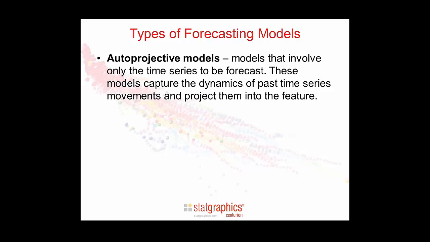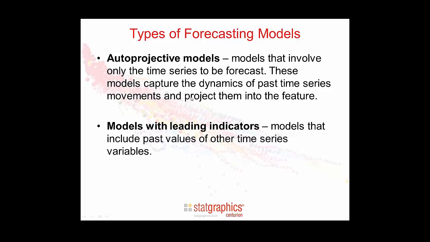They look at the past behavior of that time series and project it into the future. I see I wrote projected into the feature. I meant projected into the future. I'll change that before I publish this on the website. You take the dynamics of that time series, model it, and project it ahead into the future.